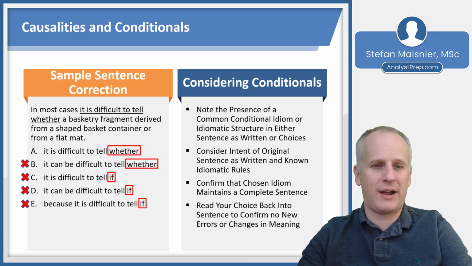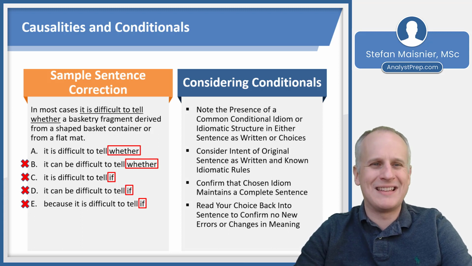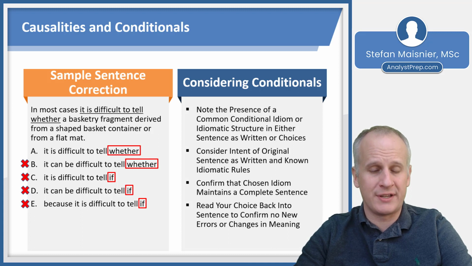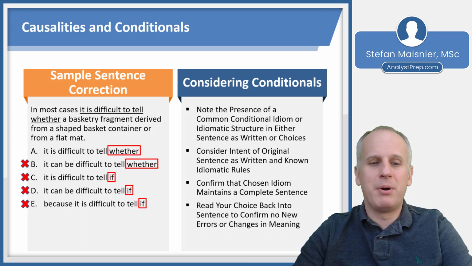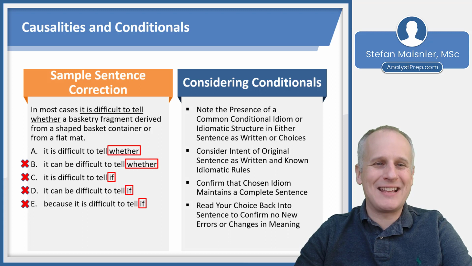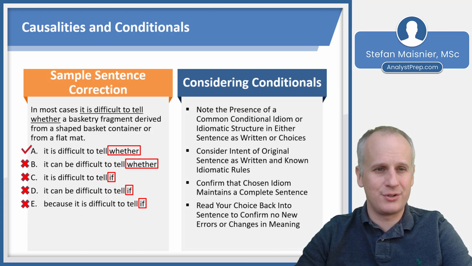If a derived fragment from somewhere is becoming a descriptor, if we switch from whether to if, it's very subtle. But we read our choice back in. In most cases, it is difficult to tell whether a basketry fragment derived from a shaped basket container or from a flat mat, the derived is the action. It's difficult to tell whether it did derive from here or from there, and our correct answer is A, and we're certain about it because of all these reasons.